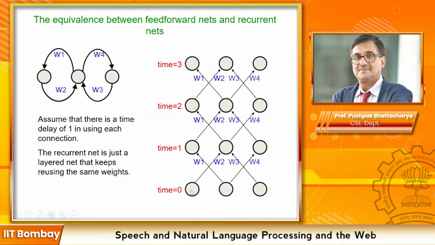From A, there is a connection W2 to B, and from C, there is a connection W3 to B. The same thing is repeated, and you have a stack of neurons replicated with connections. So this is a neural network which is unfolded over time, and we'll see how the training happens.